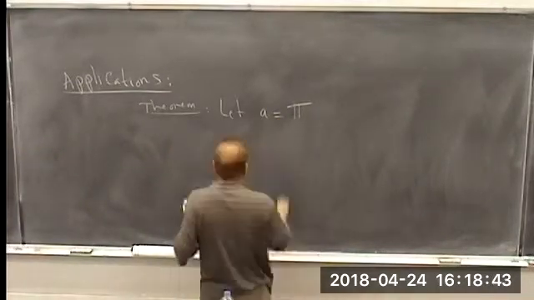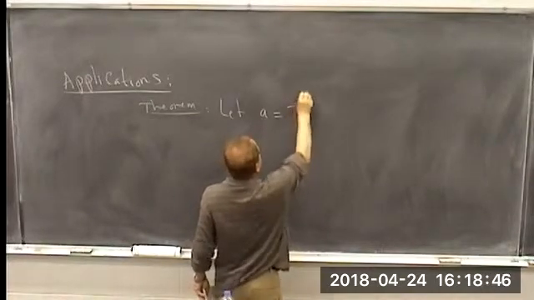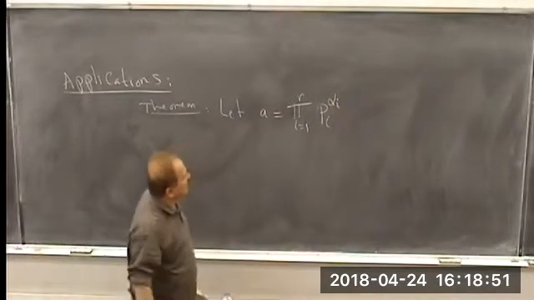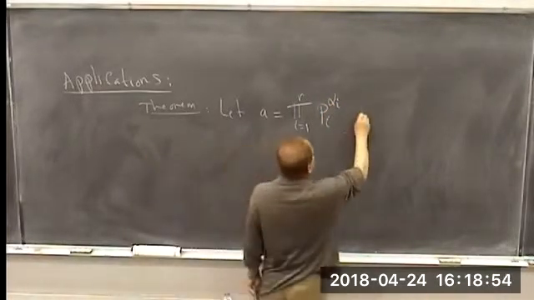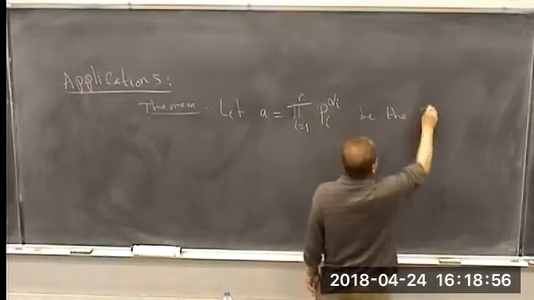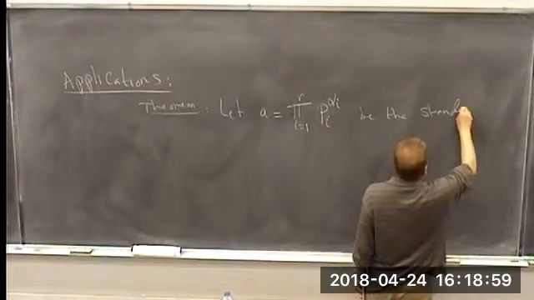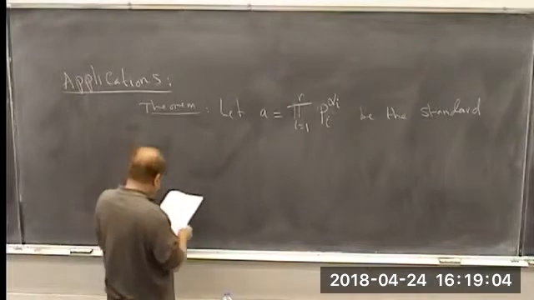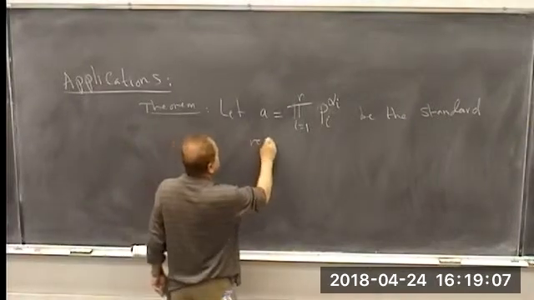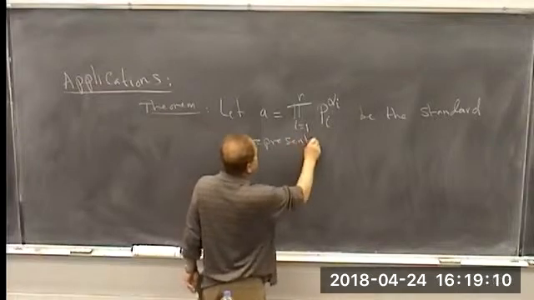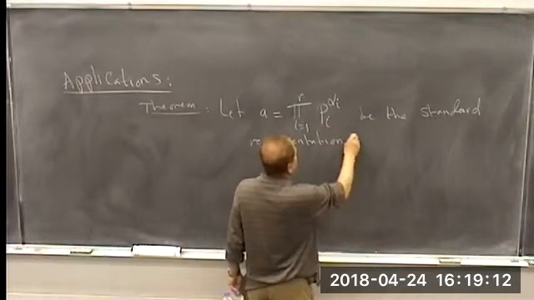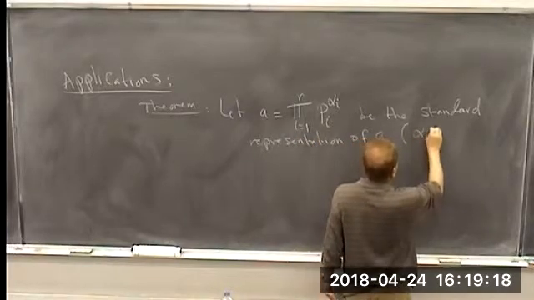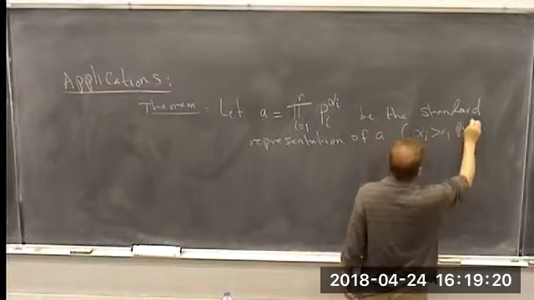In here we want to put the product from i equal 1 to r of p_i to the alpha_i, where this is the standard representation of A. Now remember in here that means the alpha_i's are positive, and the p_i's are prime.